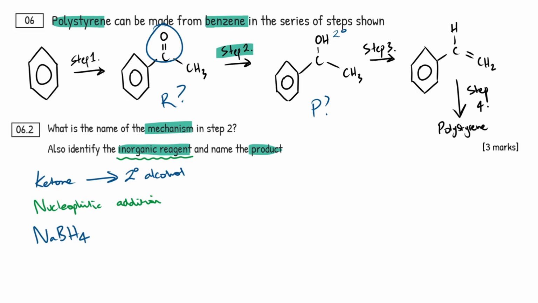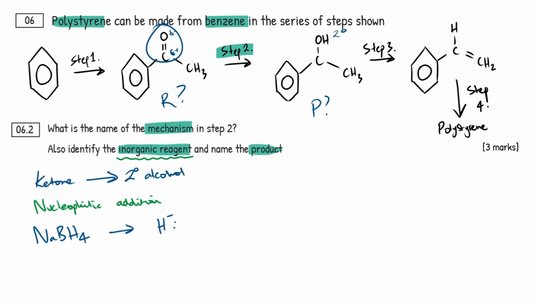This is the inorganic reagent. This is going to break up, right? And it's going to provide a hydride ion, which is something you don't normally see, a negative hydrogen ion, okay? You're never going to normally see this, but this is actually attracted to this guy right here, okay? There's a dipole existing here between the delta positive carbon, delta negative oxygen, and this is going to be attacked onto there as a nucleophile, right?